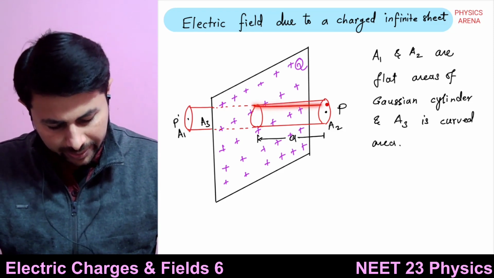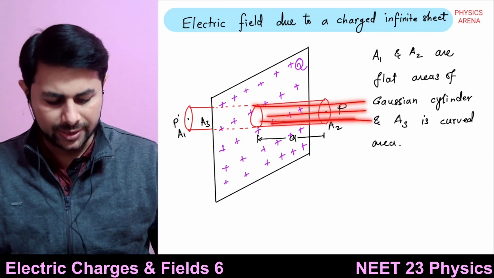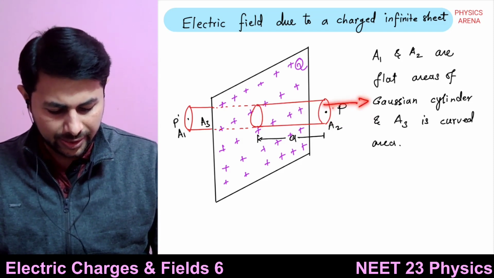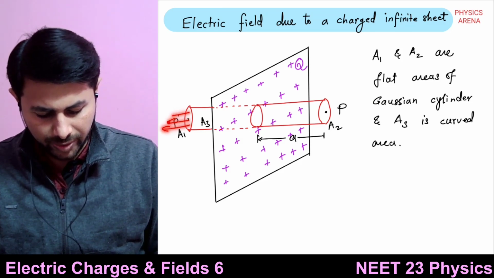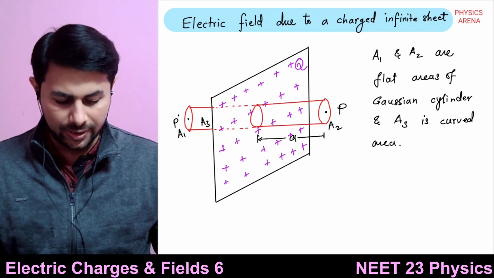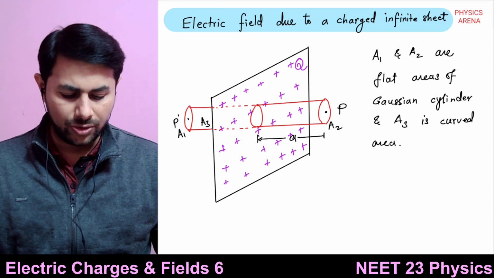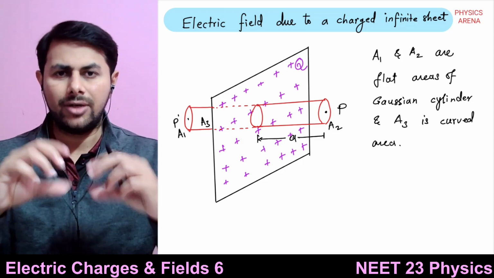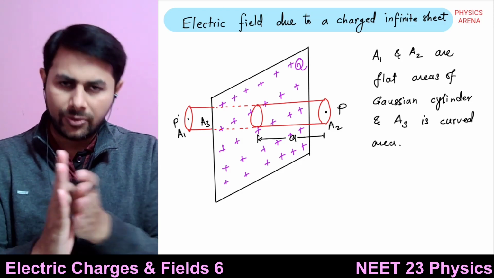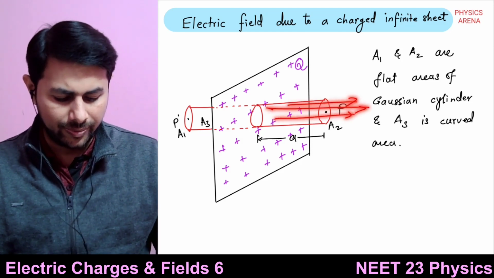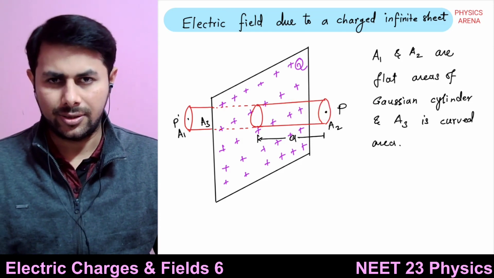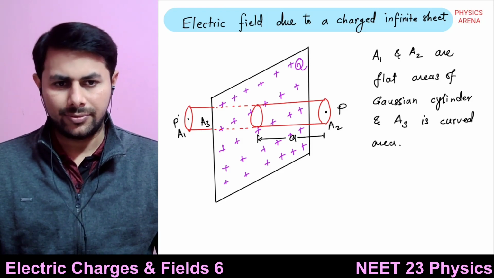Now electric field lines will pass like this, perpendicular to the plane of the sheet. That means in this case, no electric field lines are passing through the curved area. They are only passing through the flat areas of the Gaussian cylinder. Yes, no?